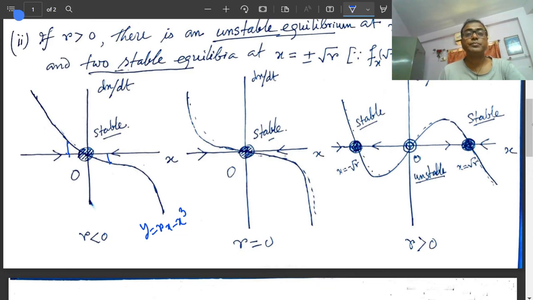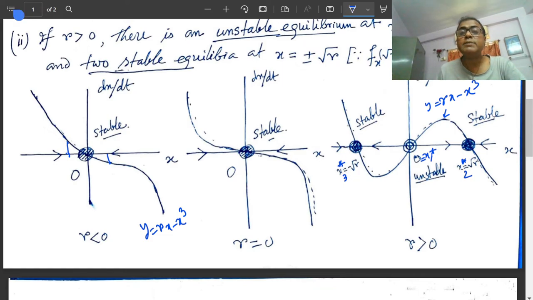For r greater than 0, the graph is this: the curve y = rx - x³ cuts the x-axis at three points, x1* = 0, x2* = +√r, and x3* = -√r.